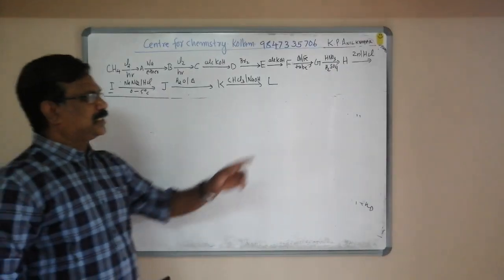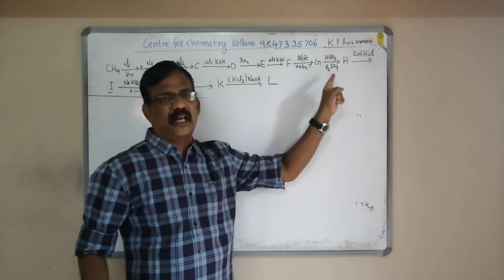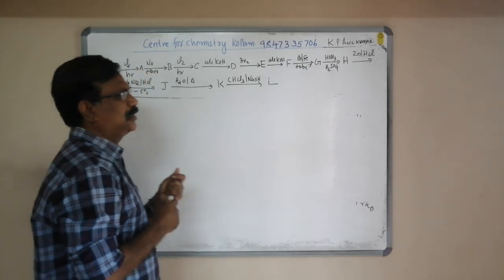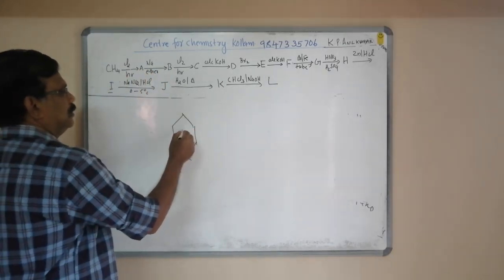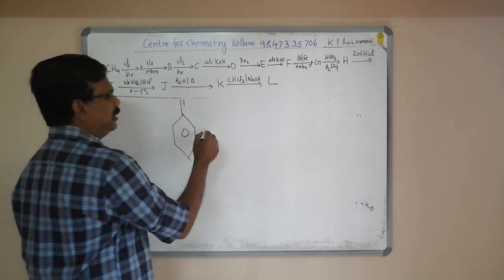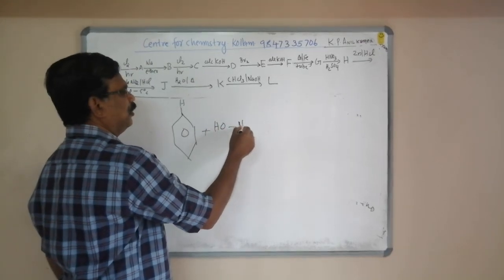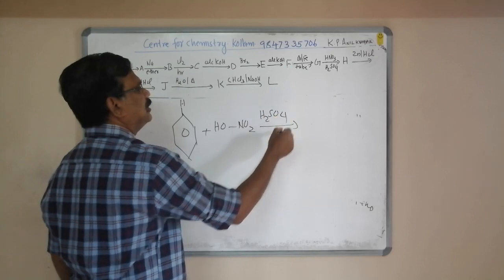And then G to H, nitration reaction. The reagent is nitric acid and sulfuric acid. The reaction is an electrophilic substitution reaction. So this is benzene, and it reacts with nitric acid, HNO3, with sulfuric acid as catalyst.